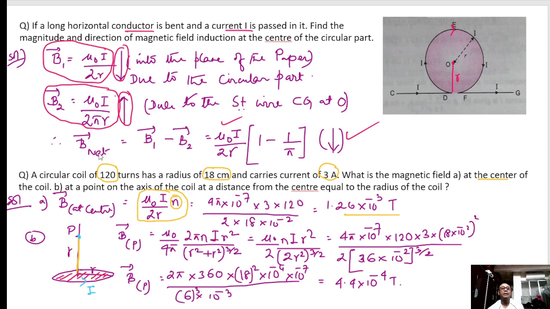Using this formula, please watch here, the magnetic field on the axis at a distance of r is this.